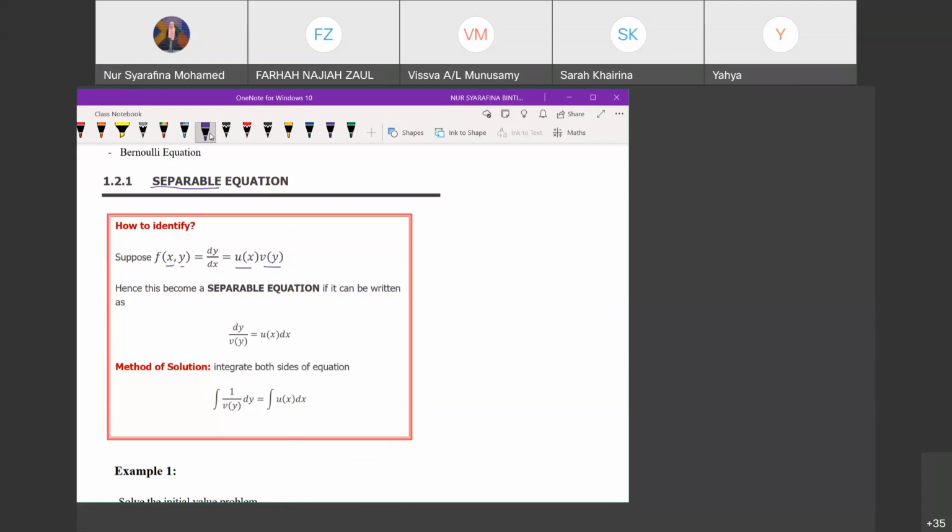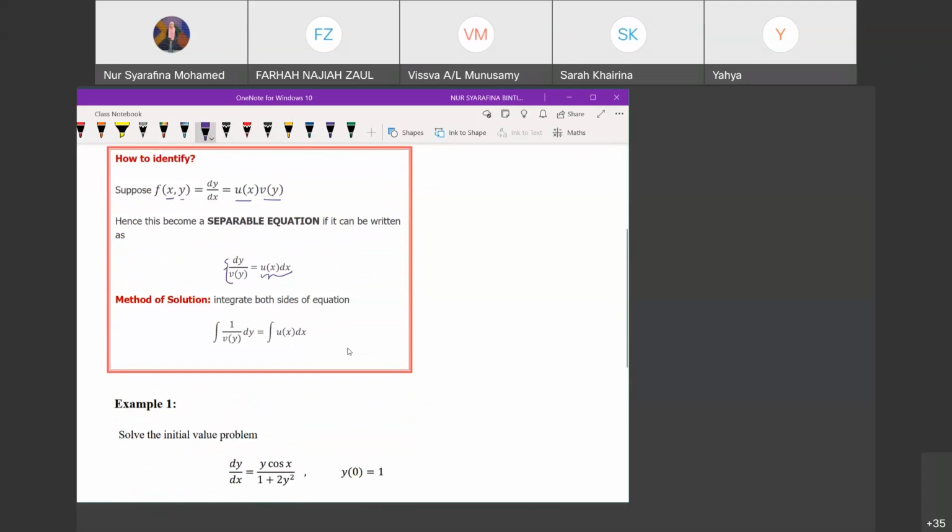This can be a separable equation if we can separate them based on each variable. If you can separate y with y and x with x, it can be separated, so it is a separable equation. How can we find the solution? We just integrate both sides according to the variable. So let's take a look at the examples here.